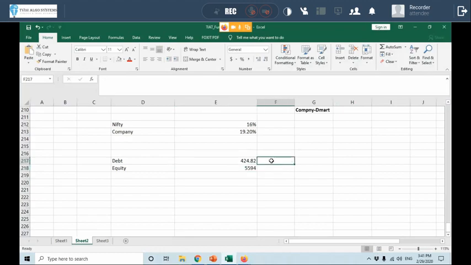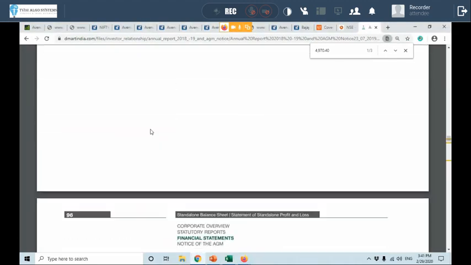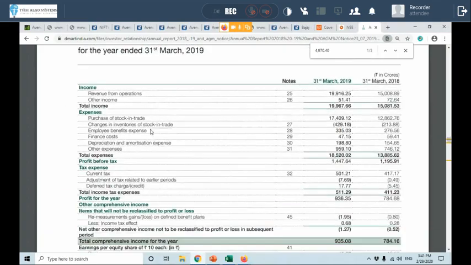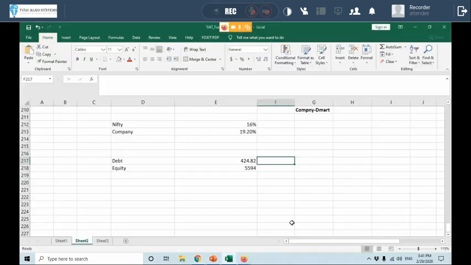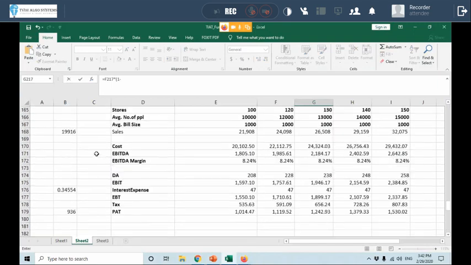My cost of debt, what was my interest amount? My interest is 47.15. So this is my interest amount into 1 minus my tax rate, that divided by my total debt.